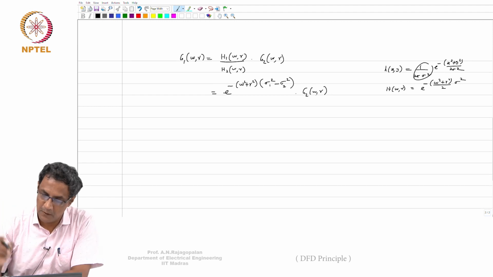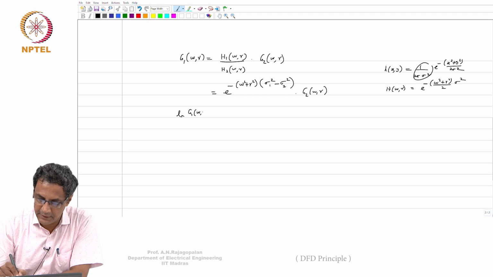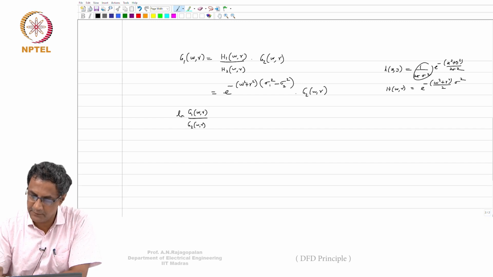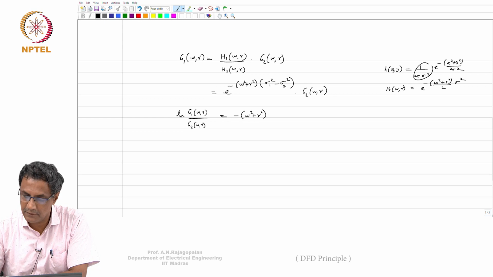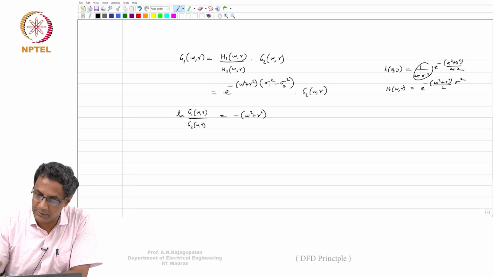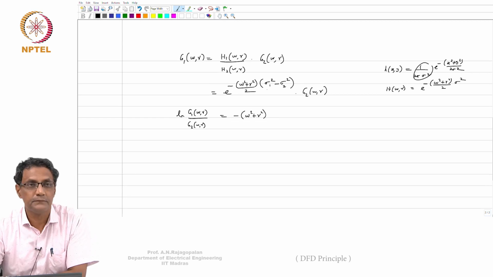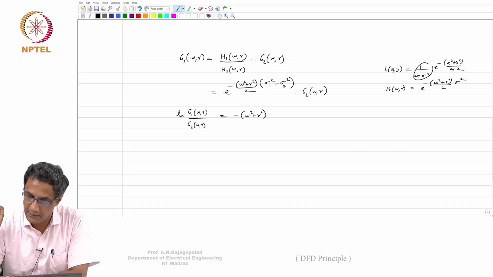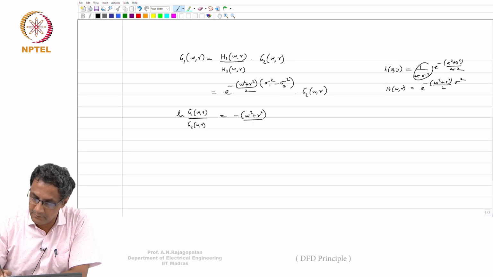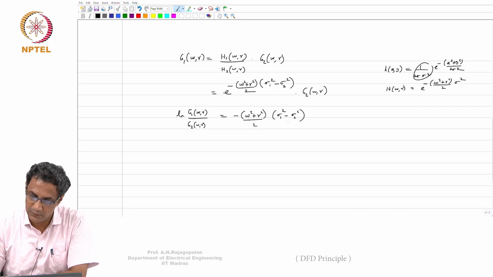Or we can say ln of G1 of omega nu by G2 of omega nu is equal to minus of omega square plus nu square, there should be a by 2, by 2 into sigma 1 square minus sigma 2 square.